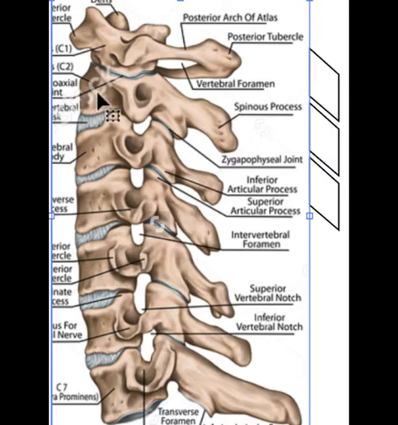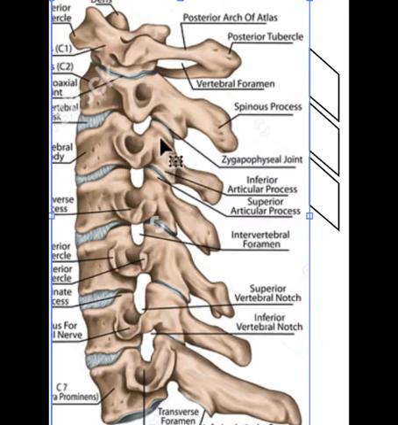So if you make an imaginary line across the meridian of C2, you can see the anterior part of the top region is to make a joint with C1, whereas the posterior one is to make a joint with the facet of C3. The bone in between these two articular processes is called the pars interarticularis.